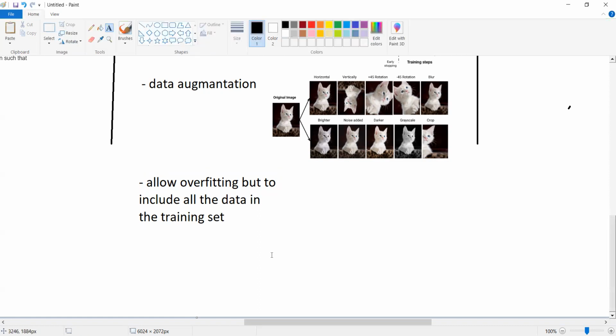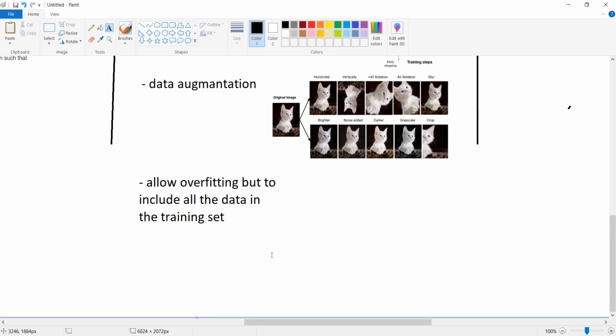Essentially, what we say is, okay, we'll allow the model to overfit on our training set, but we will make sure our training set will contain every possible data that we can have. That way, no matter what new data you give me, it's already been in the training set. So I'm overfit on it. Okay. So it's like a method of using big guns.